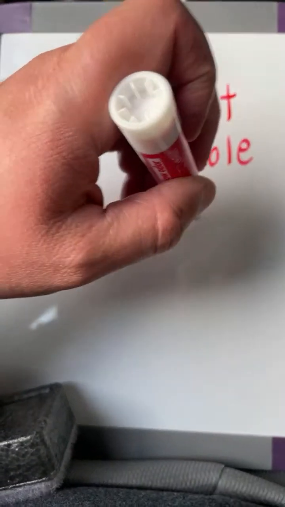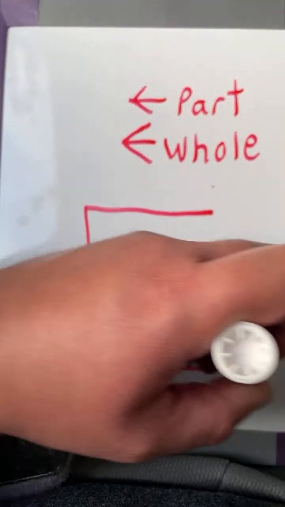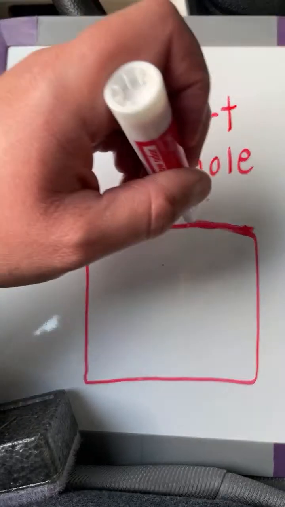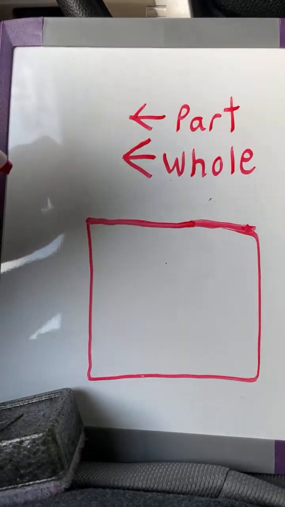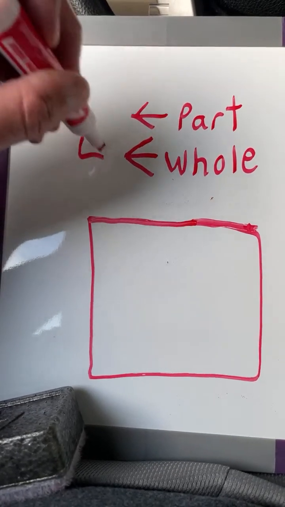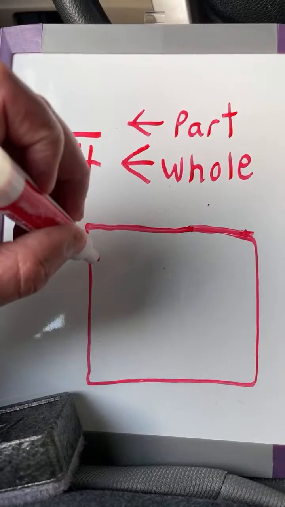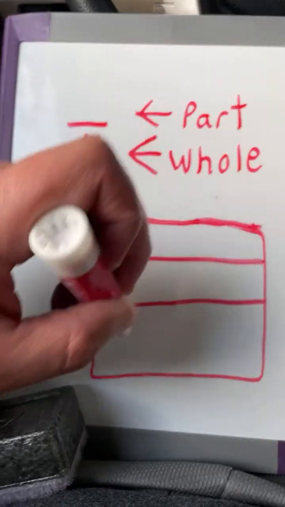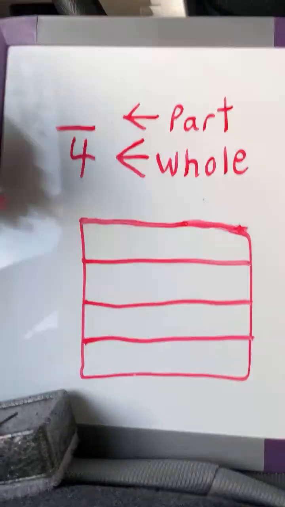So for fourths, we're going to have 4 total parts. 1, 2, 3, 4.